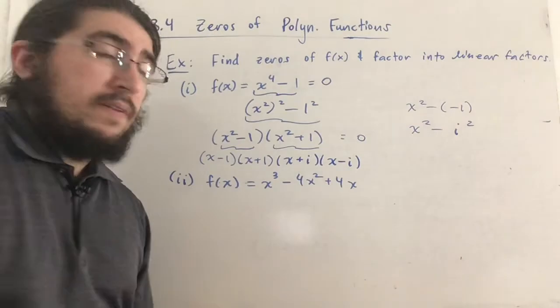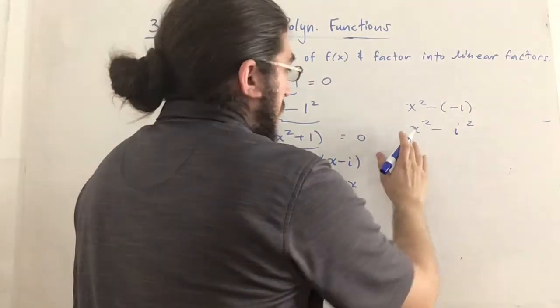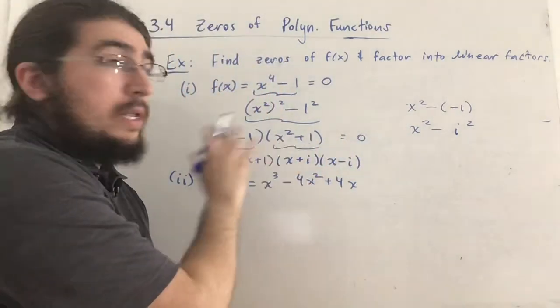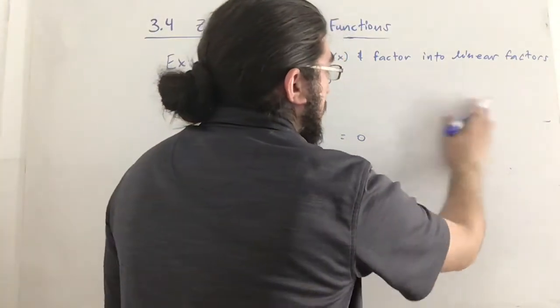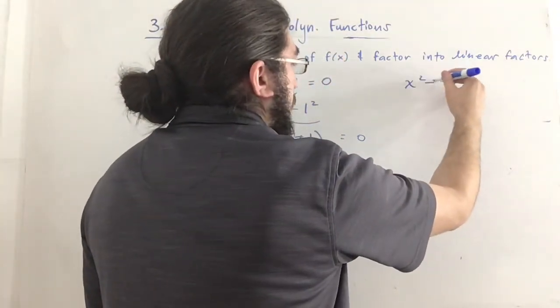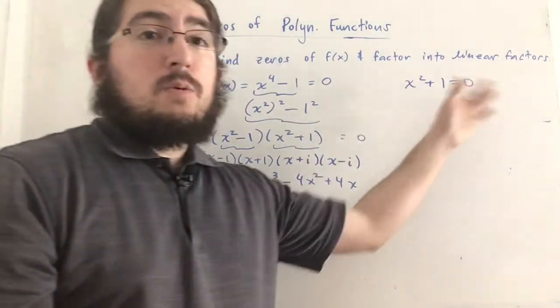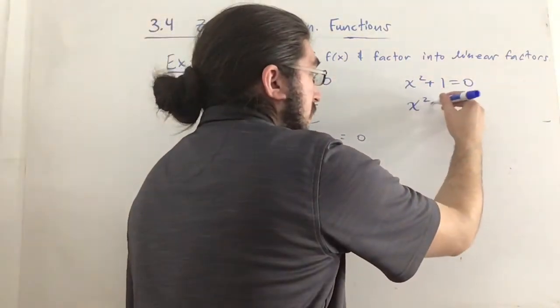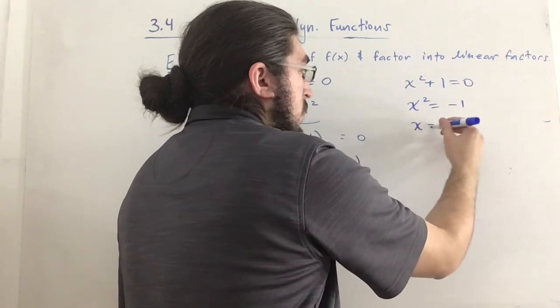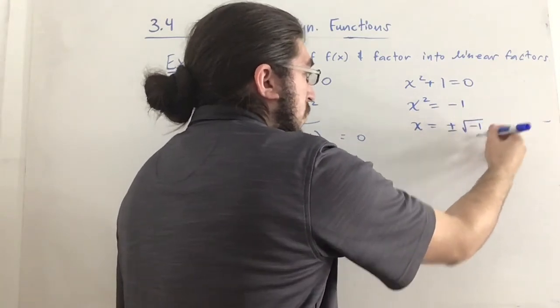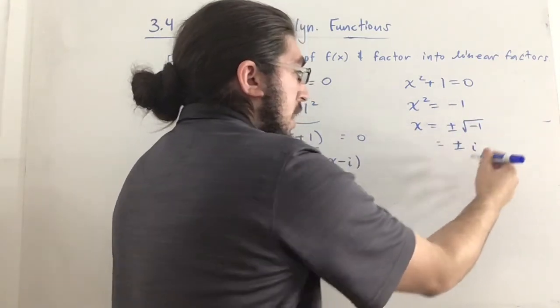Another way of seeing this is if we had set x squared plus 1 equal to 0. Much like what I said for x squared minus 1, you would subtract 1 to the other side to get x squared is equal to negative 1, and then square root to get plus or minus the square root of negative 1, which is of course plus or minus i.